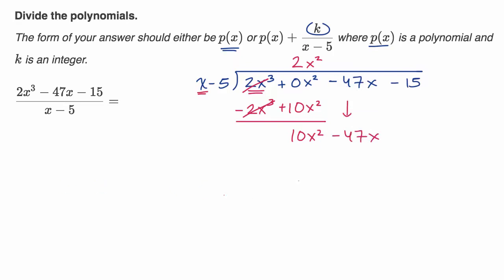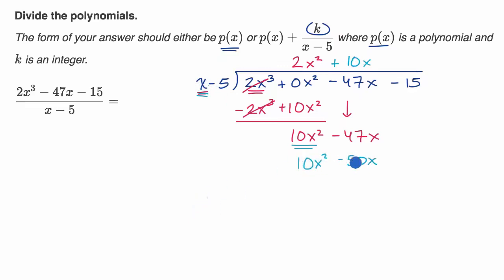And once again, we look at the highest degree terms. x goes into 10x squared 10x times. So plus 10x. 10x times negative 5 is negative 50x. 10x times x is 10x squared.